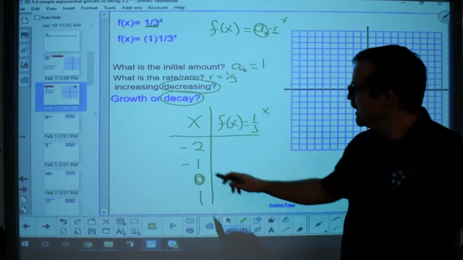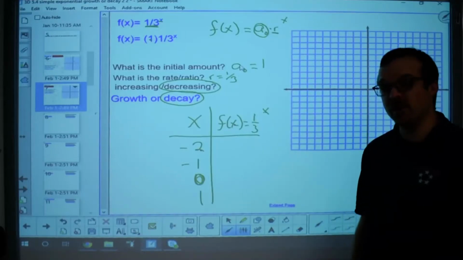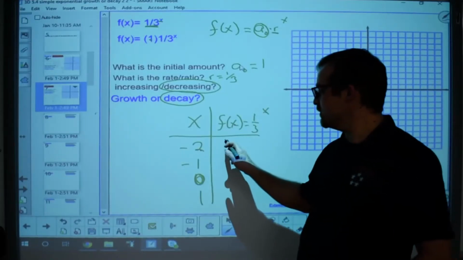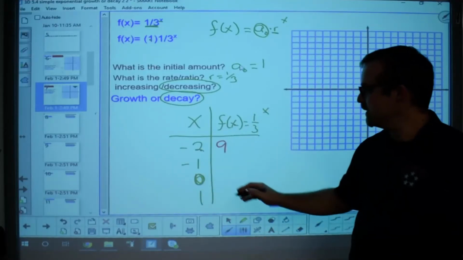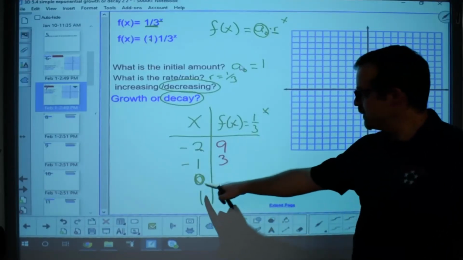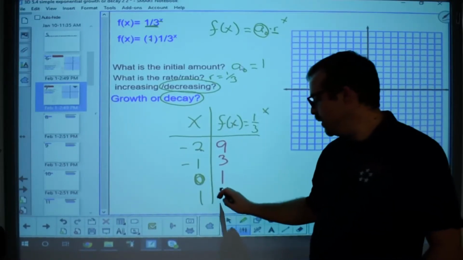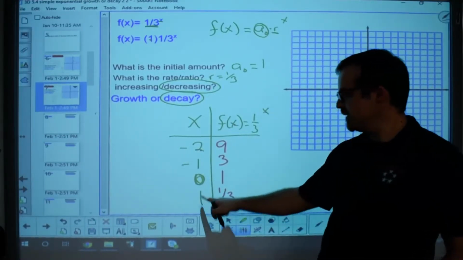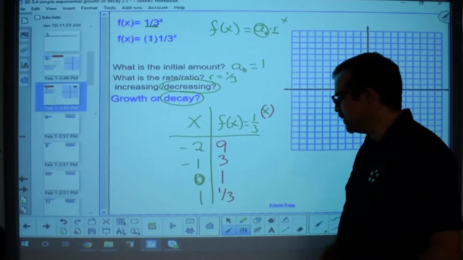If I replace the x with negative 2, 1/3 to the power of negative 2 is actually going to be 9. 1/3 to the power of negative 1 is 3. 1/3 to the power of 0 is 1. And 1/3 to the power of 1 is 1/3. So you just replace the x with these values, and you should be good to go to get those numbers.